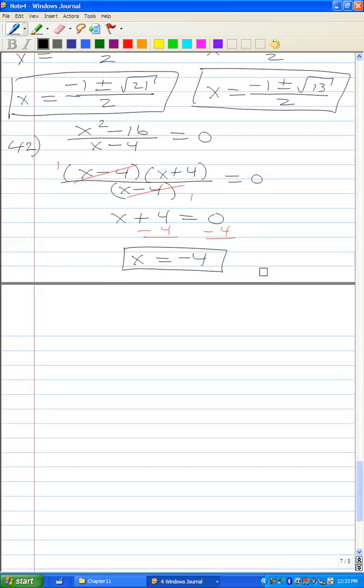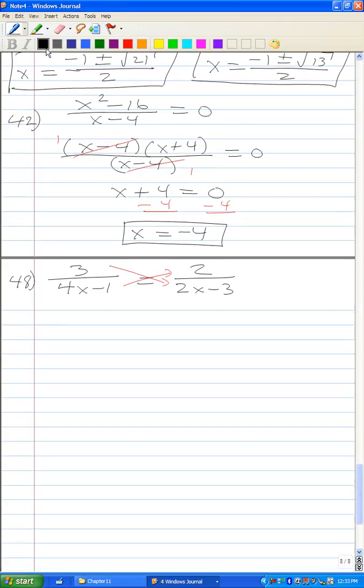Let me do problem number 48. 3 over 4x minus 1 equals 2 over 2x minus 3. Let me cross multiply. So I get 3 times 2x minus 3 equals 2 times 4x minus 1.